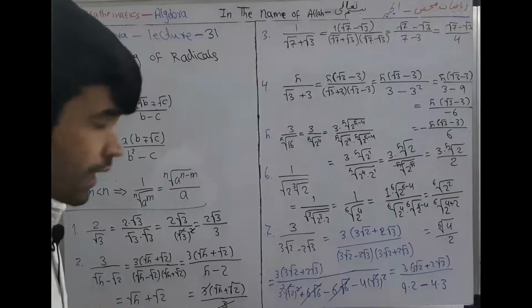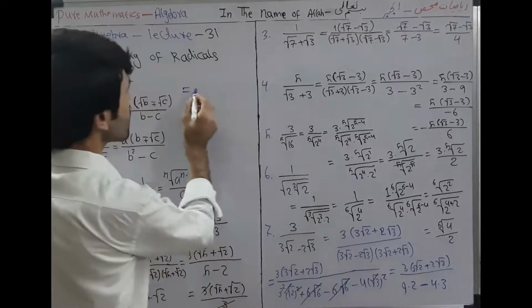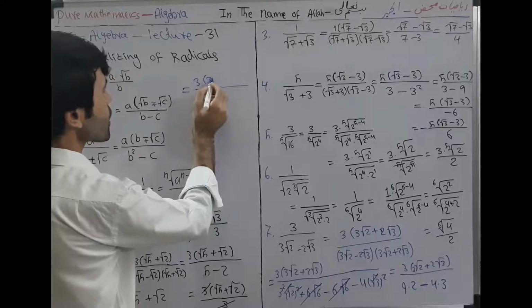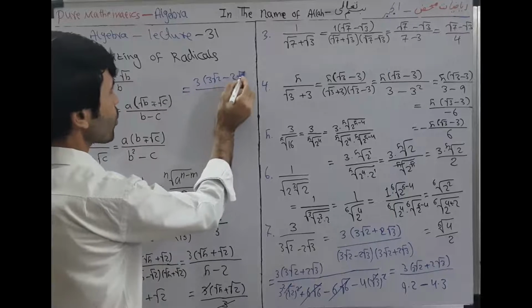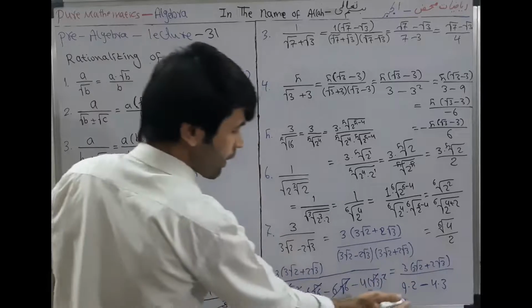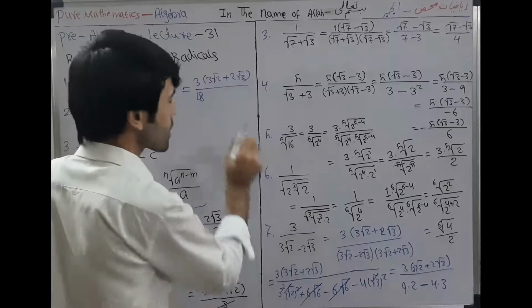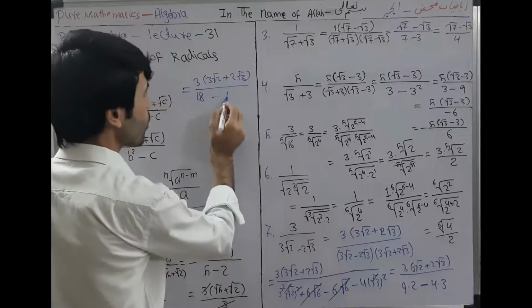Now we want to write here the answer. 3 into 3 square root of 2 plus 2 into square root of 3 over 9 multiplied by 2, 18, minus 4 multiplied by 3, 12.